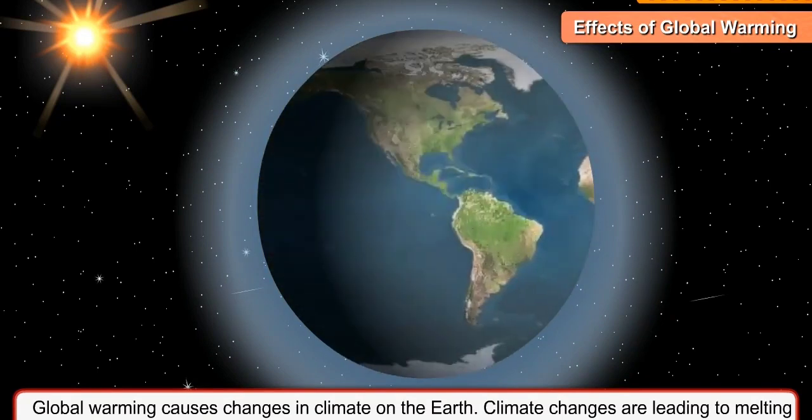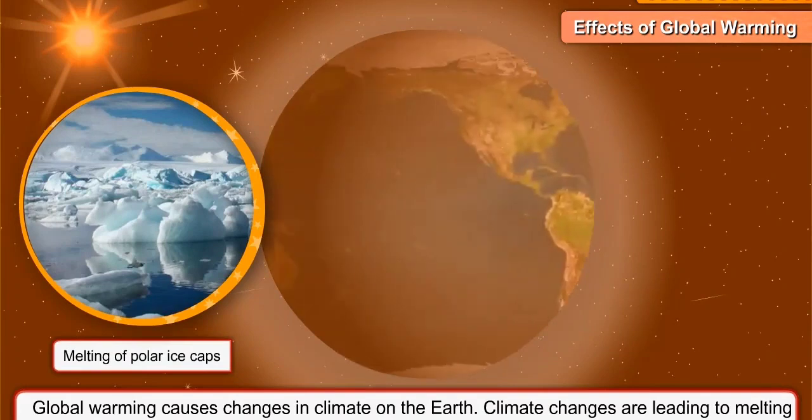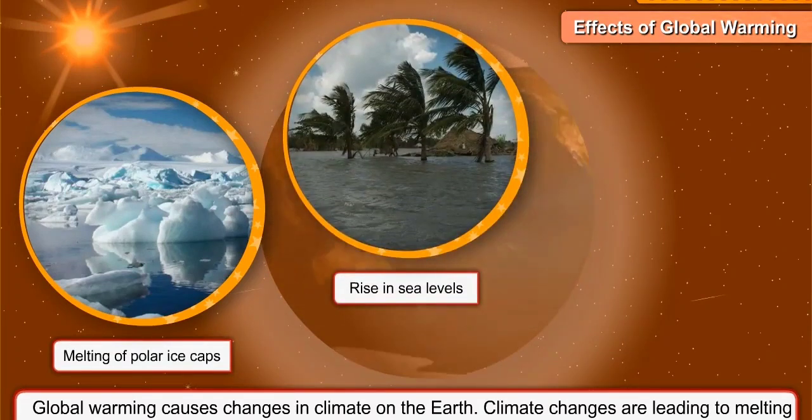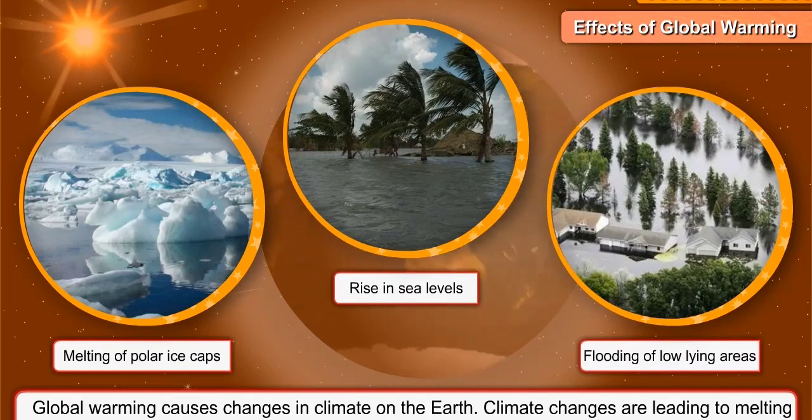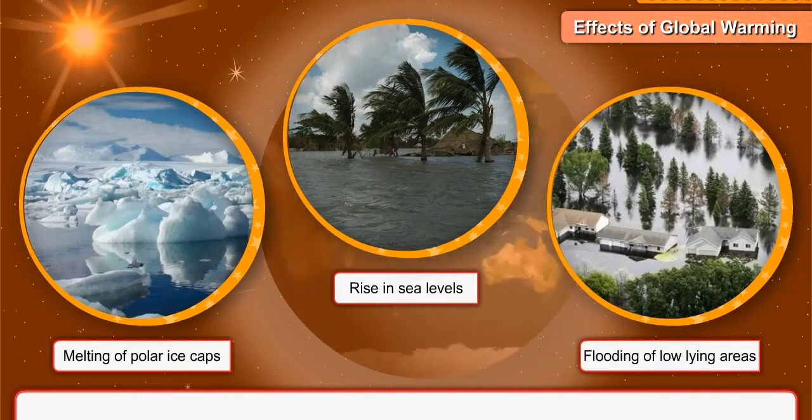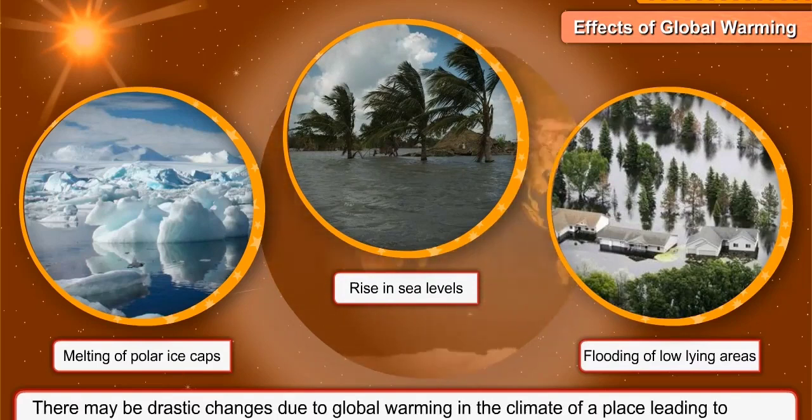Climate changes are leading to melting of polar ice caps, rise in sea levels, and flooding of low-lying areas. There may be drastic changes in the climate of a place, leading to extinction of some plants and animals in the long run.